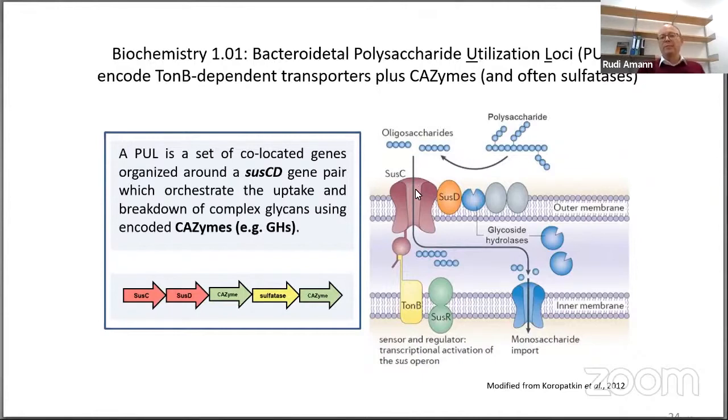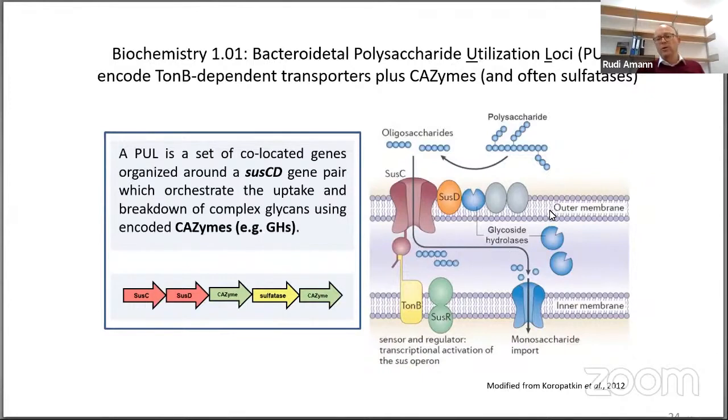SusC and D is a big pore, and the lid that is on top, a binding of the substrate, occurs to other outer membrane proteins, SusEF sometimes called, but these are polysaccharide binding proteins. The polysaccharide gets attached to the surface and more or less is then partially hydrolyzed on the surface and immediately transported through a big pore into the periplasm.